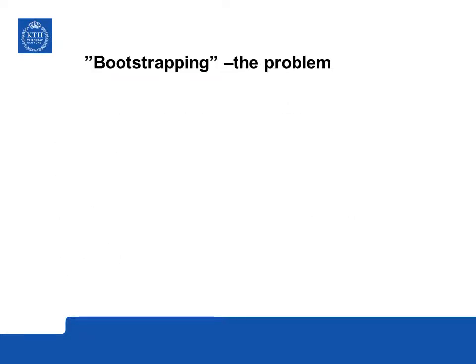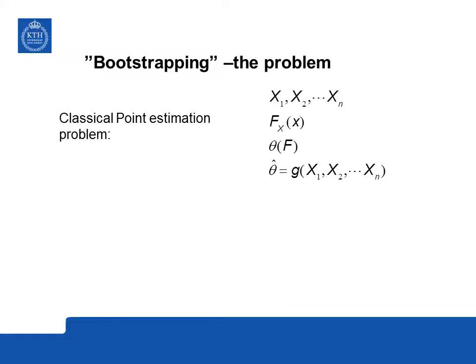In the estimators so far, we haven't been concerned with the distribution of the estimator. It hasn't been needed. You can say we have a classical point estimation problem where we have an observation x1, x2 to xn. That observation vector has some distribution fx, known or unknown, and that distribution has a parameter theta, which we are interested in estimating, and we do this with this point estimate theta hat, which is a function of the observations.